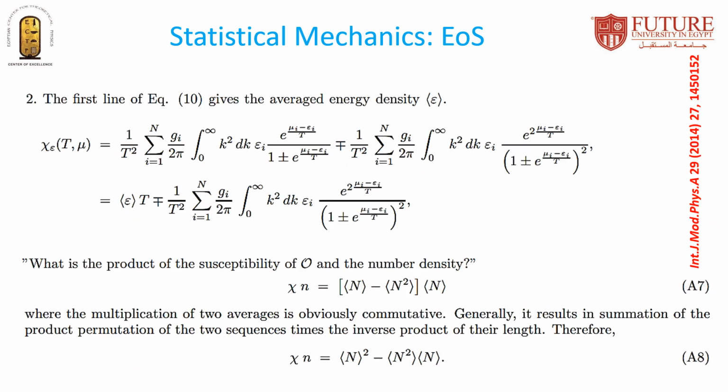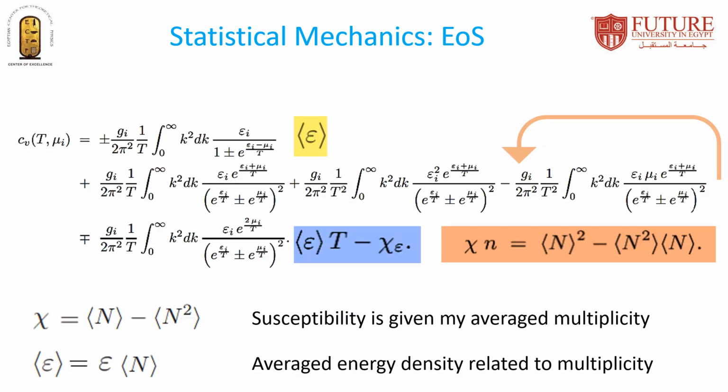The first line in this equation I could interpret as the susceptibility multiplied by the number density, which is nothing but some multiplicities, for example, the average n squared multiplied by average n.